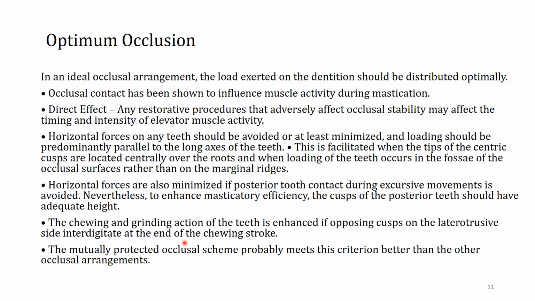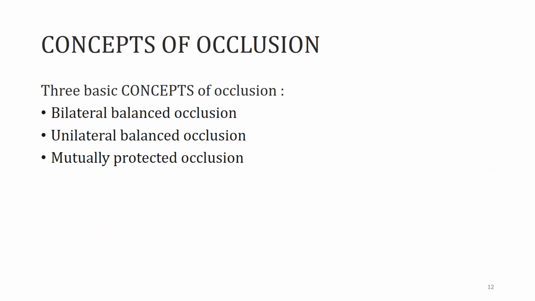That is how chewing and grinding will be enhanced, and this is best achieved by giving mutually protected occlusion, the occlusion scheme which we'll be discussing. Concepts of occlusion: there are three concepts, the bilateral balanced occlusion, unilateral balanced occlusion, and mutually protected occlusion.